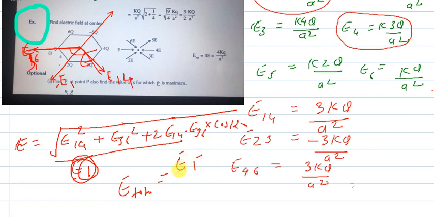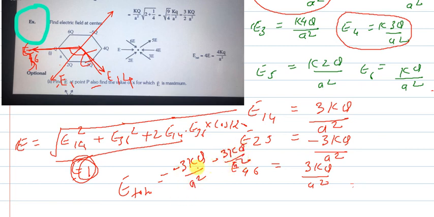Minus 3kq upon a square minus E1, and E1 is also 3kq upon a square.